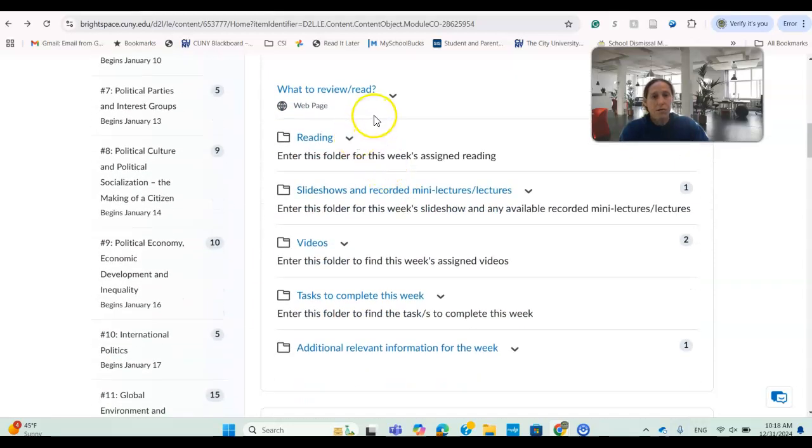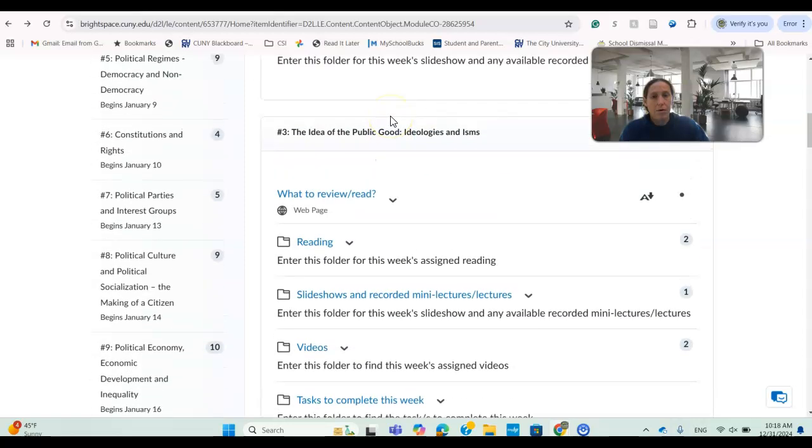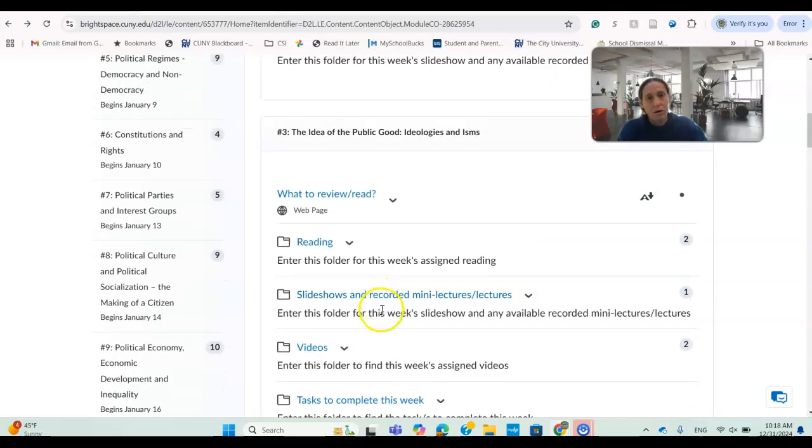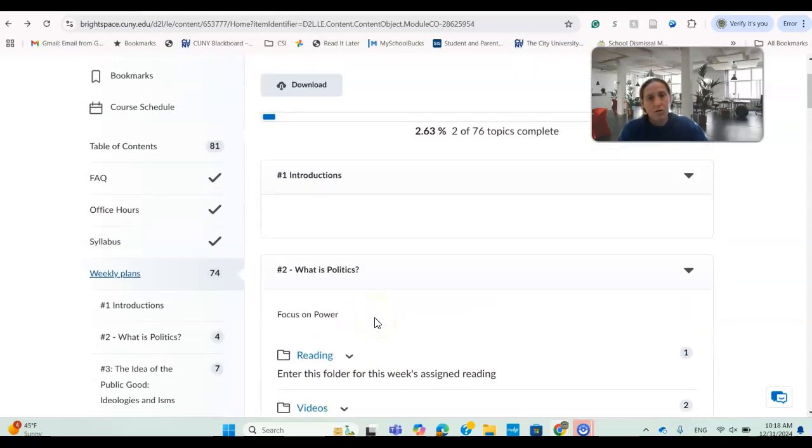It will give you some learning goals. It will tell you what to read and what to review: reading, slideshows and recorded mini lectures, there are videos. And then if there's anything to complete this week, it will provide you with tasks to complete this week, and you click on it and it will link you or get you to the right place.